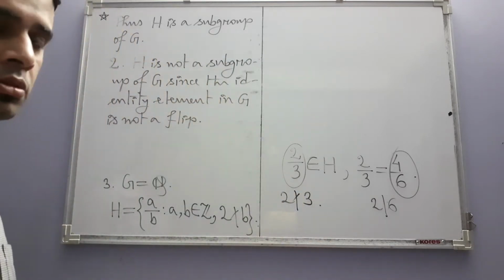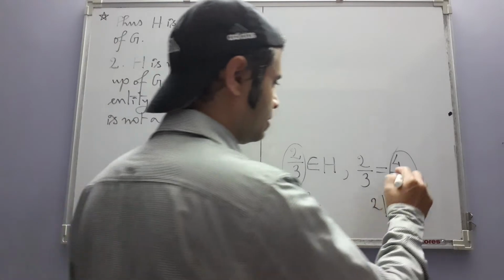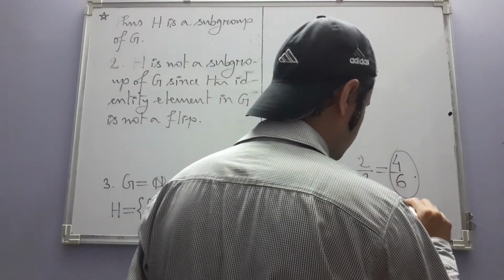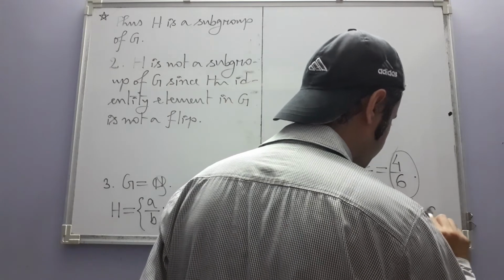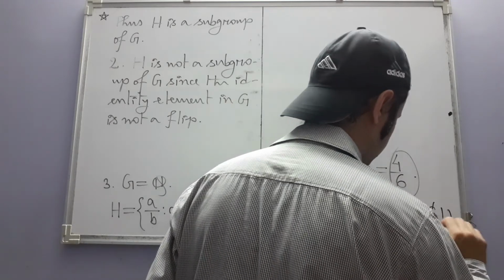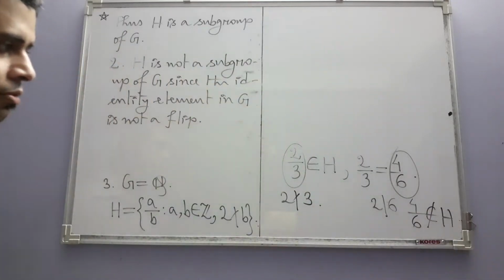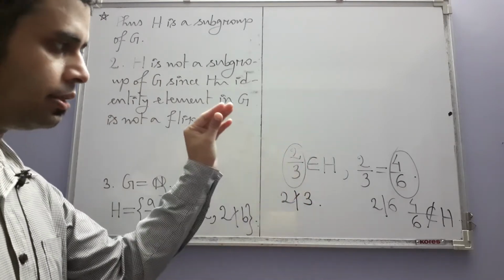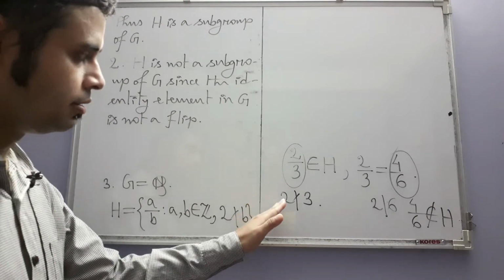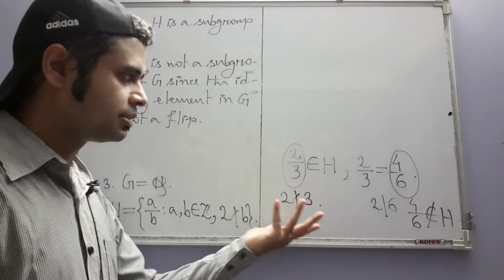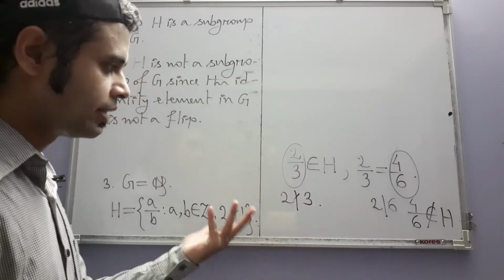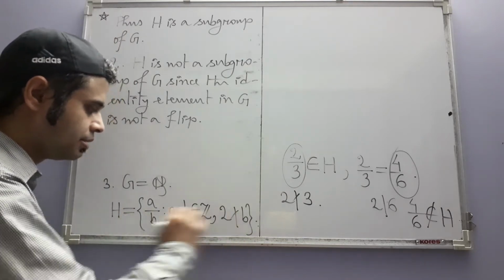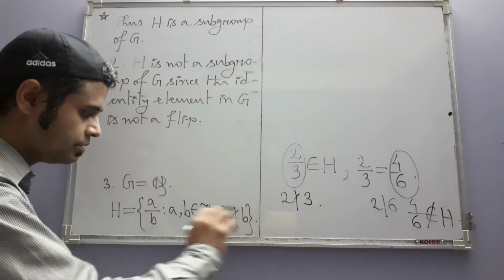So what do you do? According to these criteria, 4 divided by 6 should not be in H. However, if you use this expression, which actually denotes the same rational number, it says that 2 divided by 3 should belong to H. So that means there is a very big problem with these conditions.